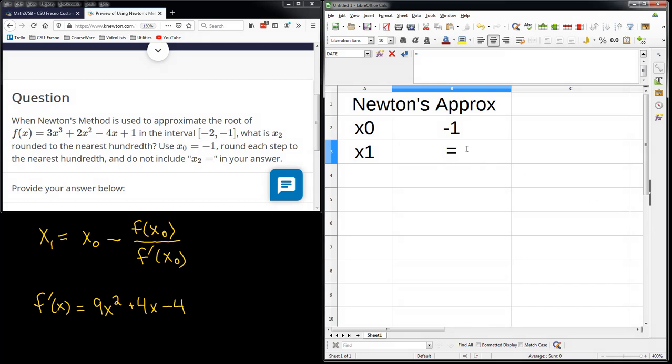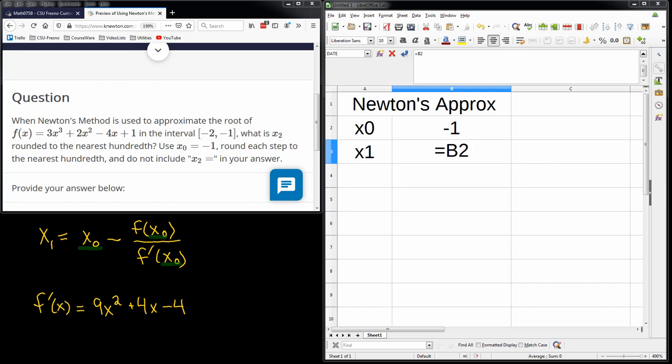Instead of x0, I'm going to type in B2, because the spreadsheet is going to interpret B2 as being whatever number is in the cell B2. Everywhere I see an x0, I'm going to type B2.